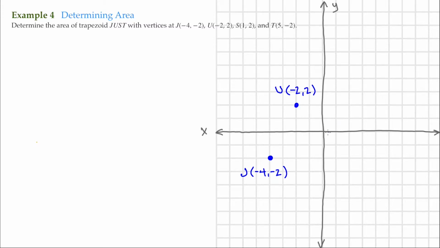S is at (1, 2): 1, and then up 1, 2. And then T is at (5, -2): 1, 2, 3, 4, 5, and down 1, 2.